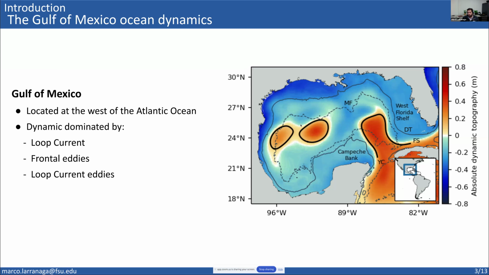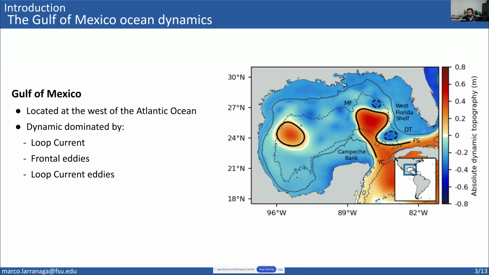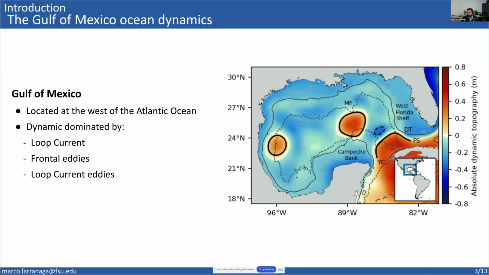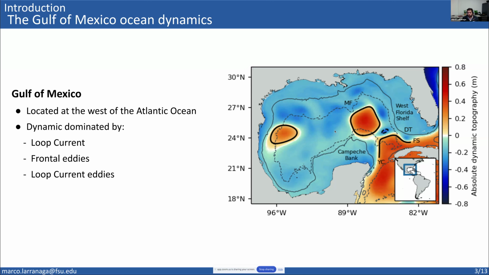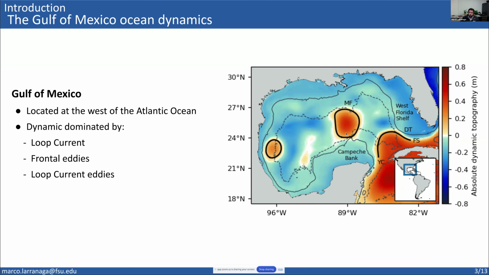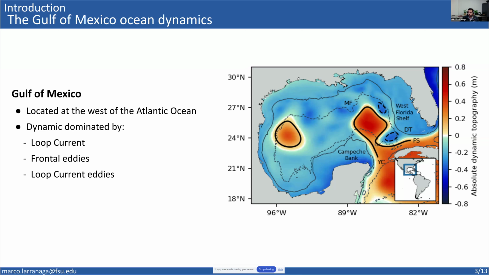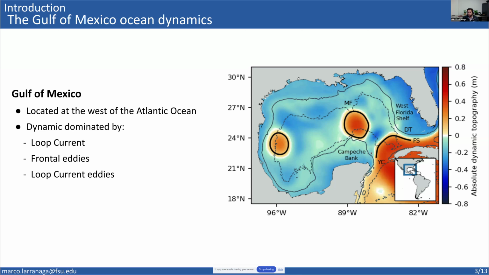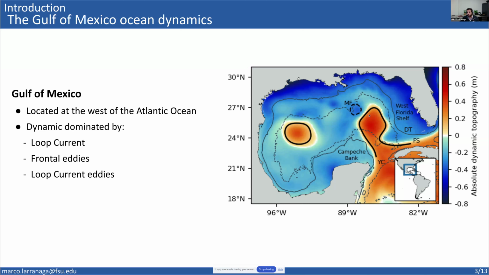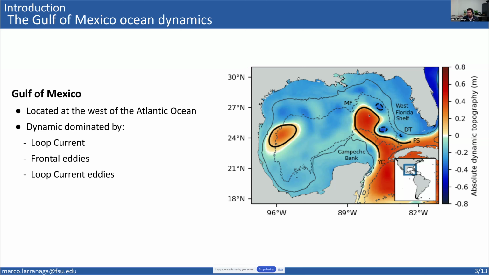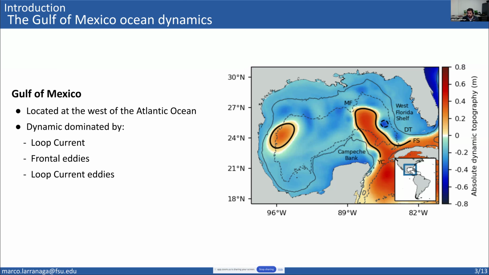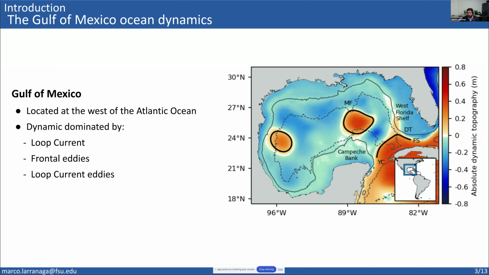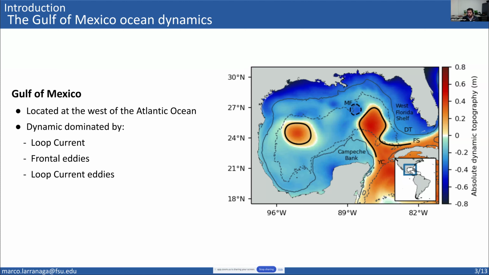But also, we know that this region has a lot of hurricanes, and in fact, those eddies can intensify the hurricanes through the heat fluxes. We can also see in this animation small cyclonic eddies traveling all around the loop current, and those eddies seem to modify the loop current shape, but also seem to be related to the detachment and separation of loop current eddies.